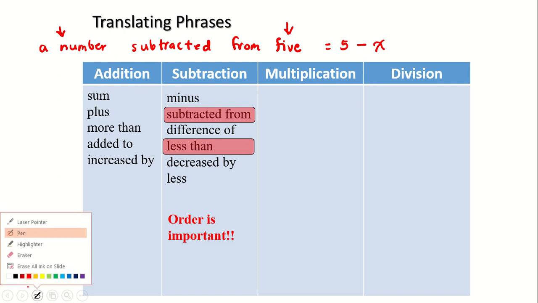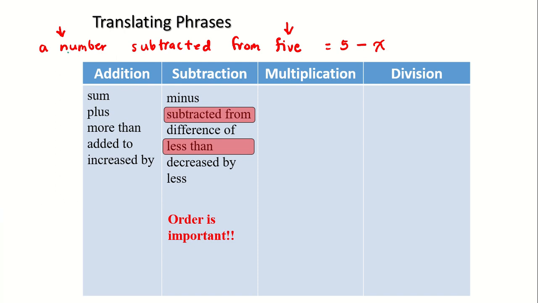However, if this is a number subtracted by 5, the term is by, so you take it literally, as is. So we have x minus 5.